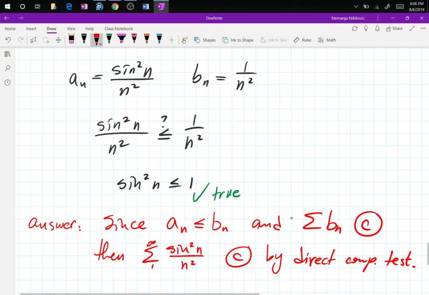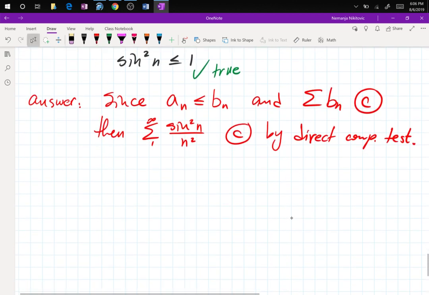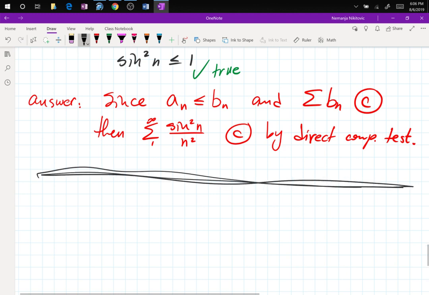So that was problem 16. One more and we'll go take a break. When we come back, alternating series.